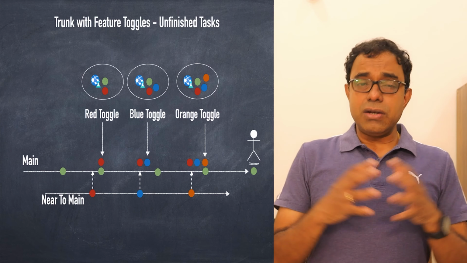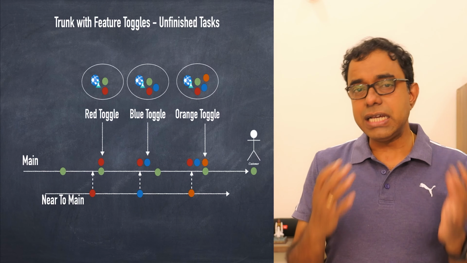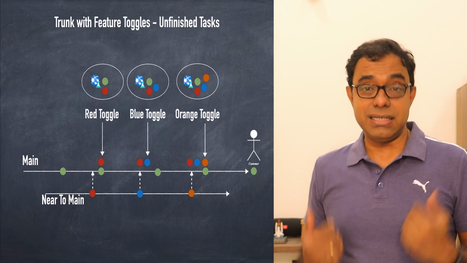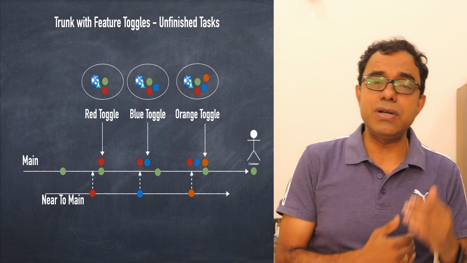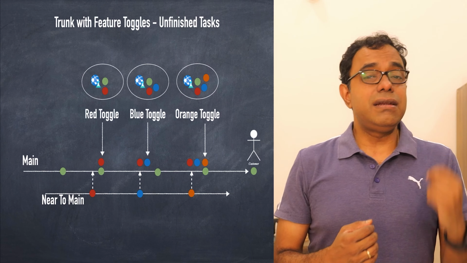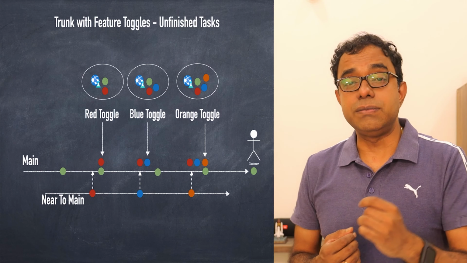We can enable the toggle in our testing environment and check whether any new feature is breaking the existing feature, and we can keep doing that irrespective of our delivery cycle, irrespective of what we are giving to our customers.